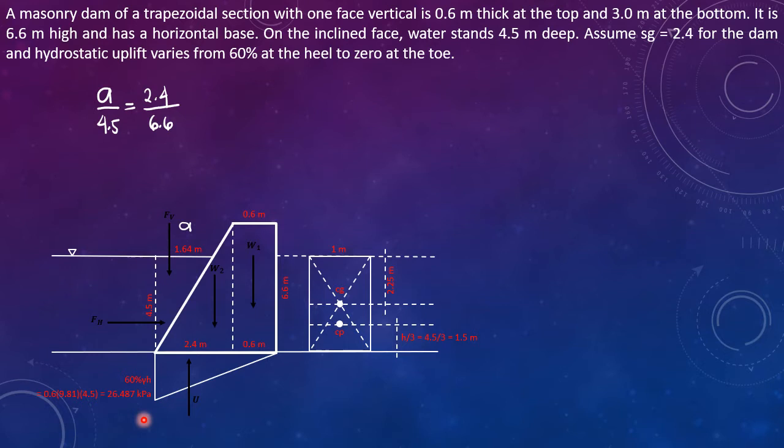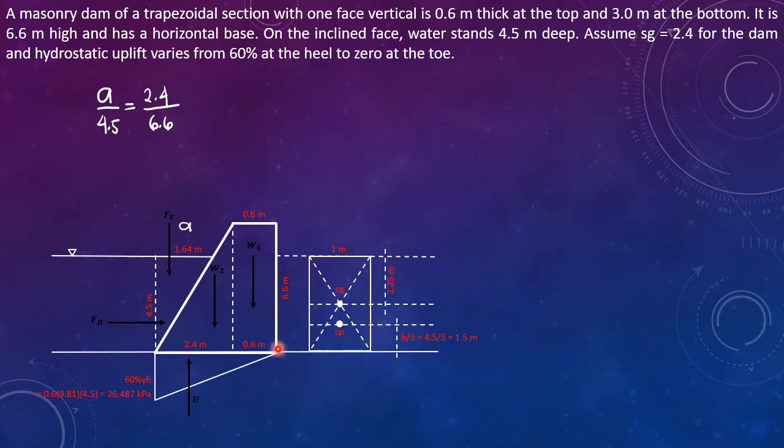Next, we try to identify the toe and heel of the dam. The toe is the pivot point of the dam. It is located on the downstream side. So the left side of the dam is the upstream side, and the right side is the downstream side.